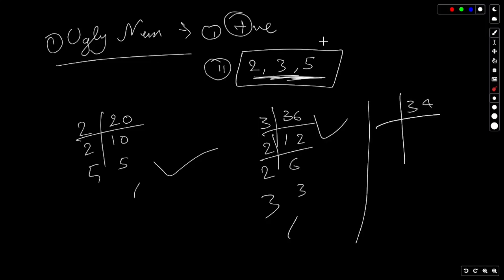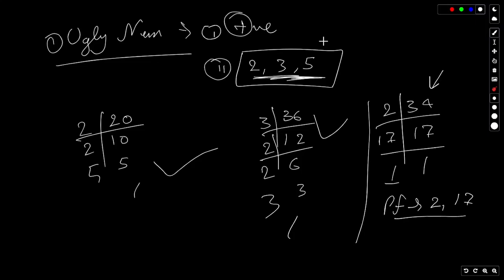Let's say 34. Now that is 2 times 17, and 17 times 1. So the prime factors here are 2 and 17. This is a positive number, which satisfies our first statement, but for the second statement, in an ugly number all the prime factors have to be 2, 3 or 5.